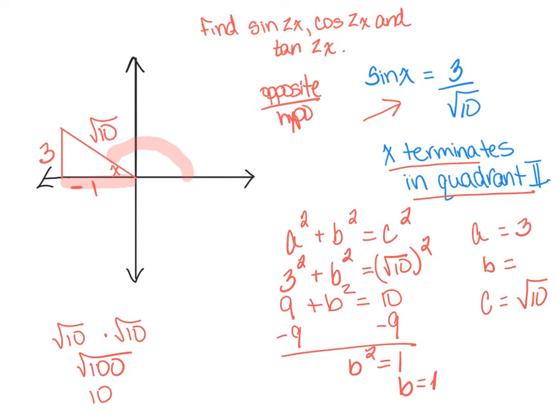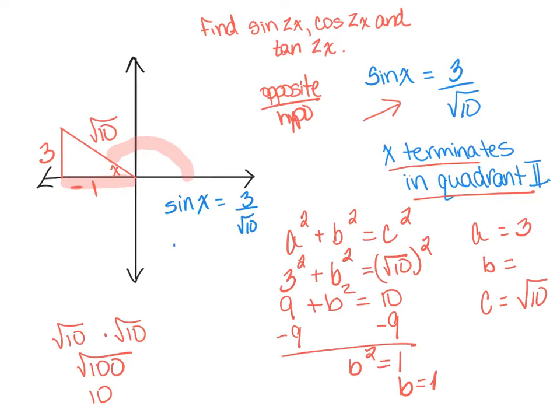Okay, now what we have done is we have determined the third side of this triangle. So what we can do with that information, and this is what's going to be needed on the next page, is we can find what cosine of x is and what tangent of x is. So I already know that sine of x is 3 over the square root of 10.